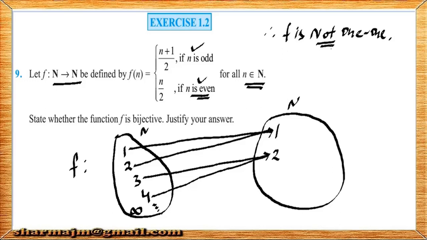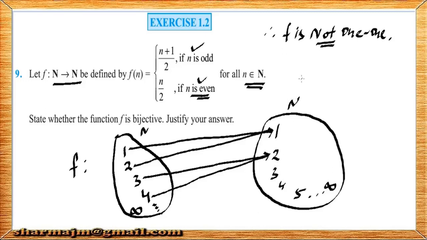Now if we observe, 1 has its pre-images, 2 has its pre-images, similarly 3, 4, 5 and so on up to infinity, they all have their pre-images. Pre-images are not unique, but every element of the codomain has a pre-image.